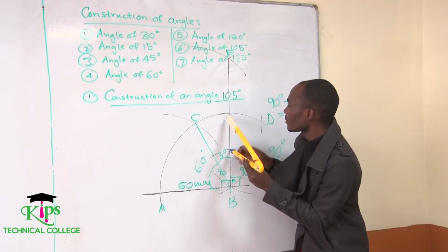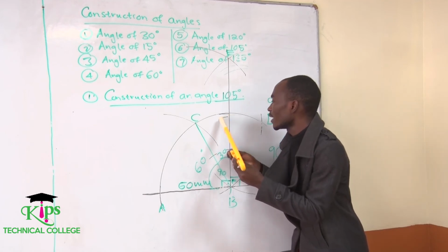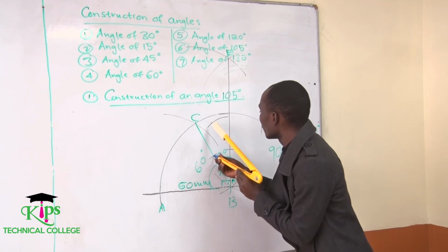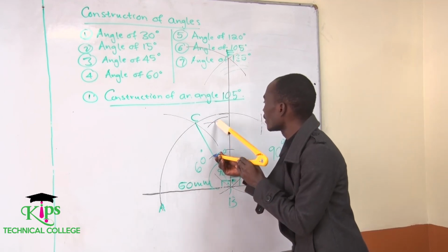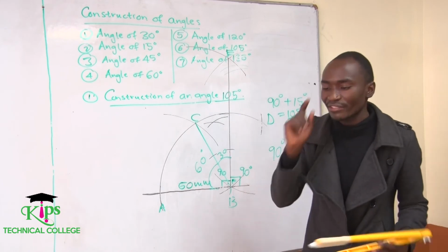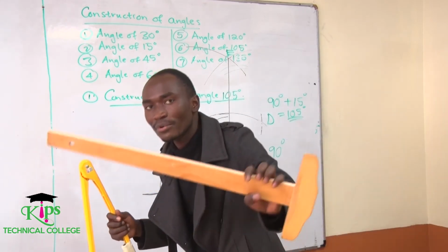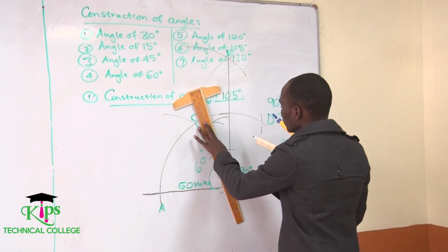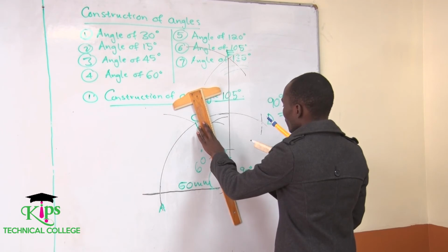You can as well reduce there. Then make an arc. Stand here again. Make an arc. So in that point where those 2 arcs have intersected, you will take up your ruler like this. Then join up to point B.